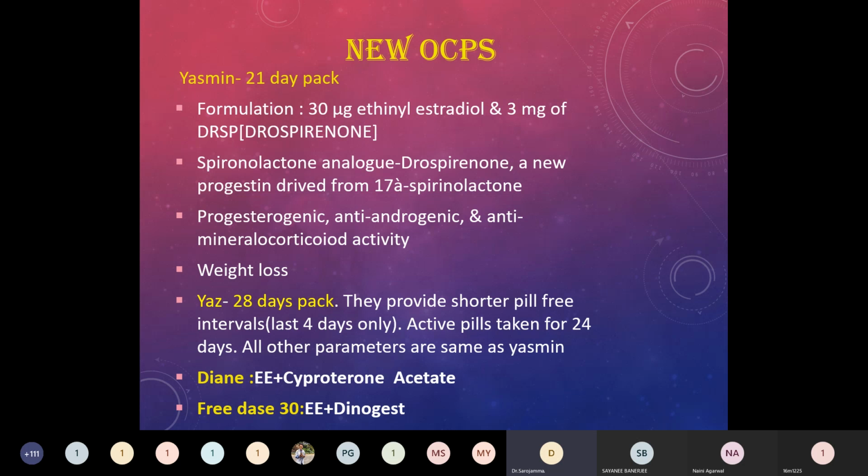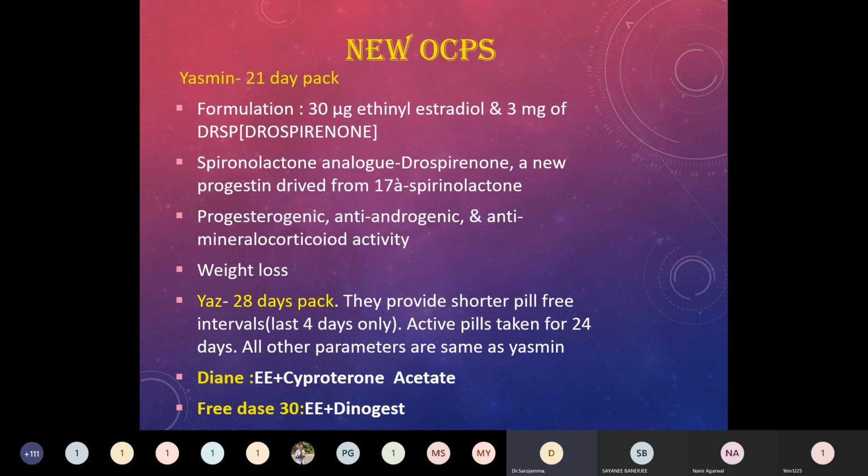It has got anti-androgenic and anti-mineralocorticoid activity, and it has the advantage of weight loss, which is the desired effect by women using contraceptive pills, because there is a tendency for water retention and weight gain with other tablets. So this is a welcome tablet for many women. Because of the anti-androgenic effect, this is also used in cases of PCOS, hirsutism and acne.